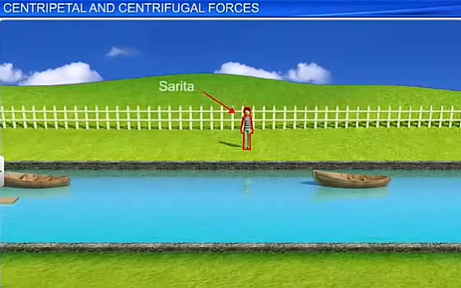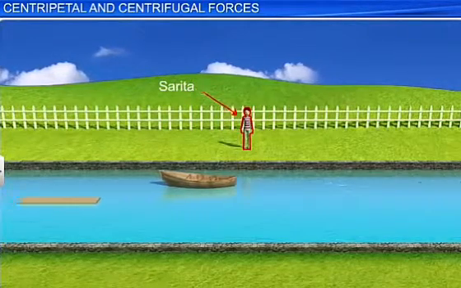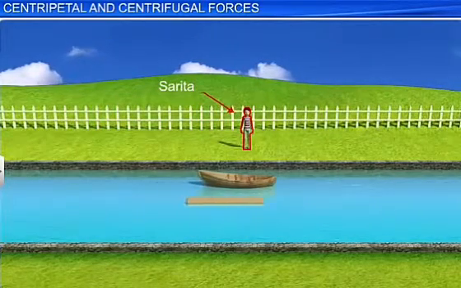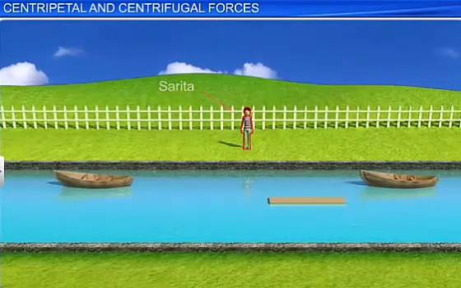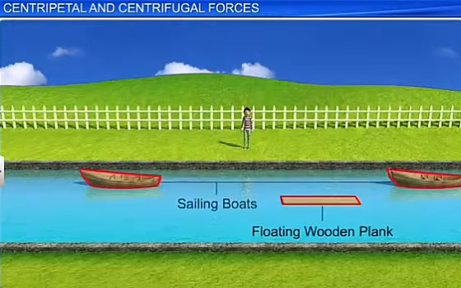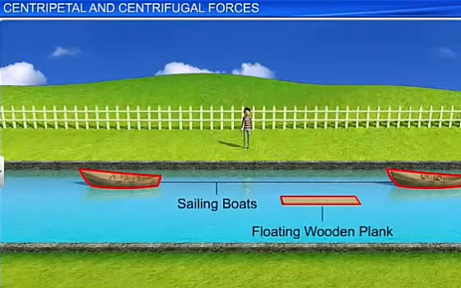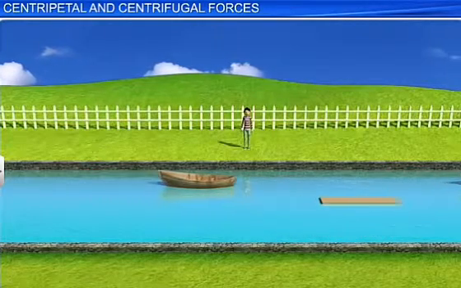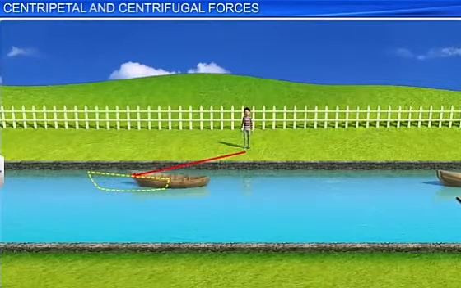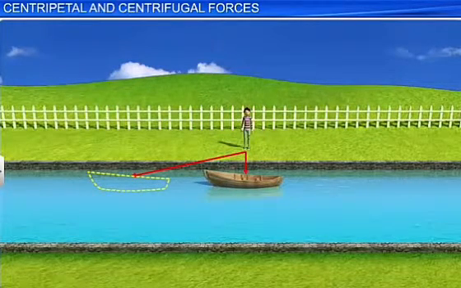Look at Sarita. She is standing on the banks of a river, observing the water flowing, and the wooden planks floating on and the boats sailing in the water. If she wants to measure the speed of the boat, she has to find the location of the boat at two different instances.